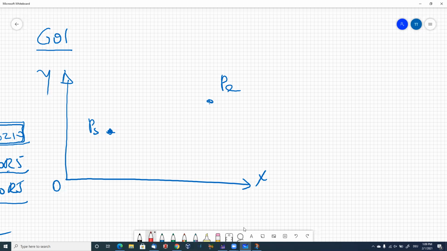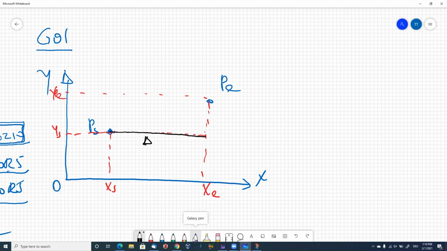In between, assume here I have XS and YS, and here I have XE and YE. So the distance between XS and XE is delta X, which is XE minus XS.